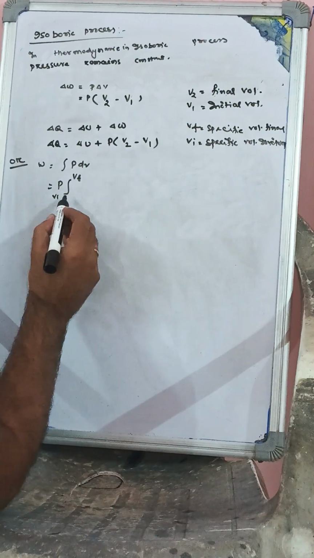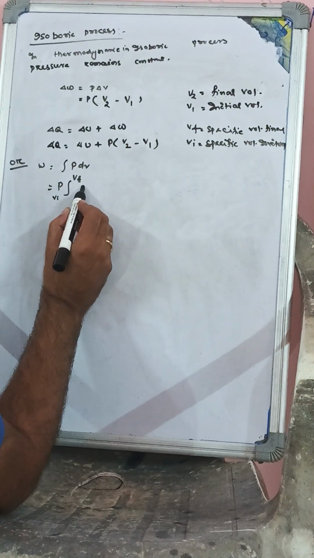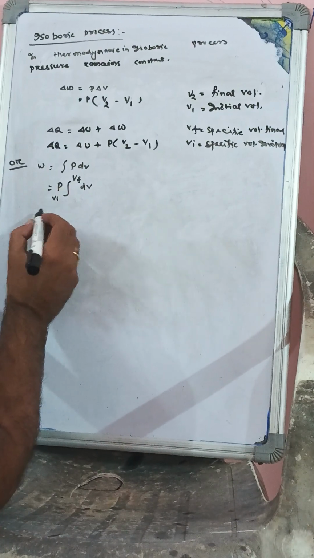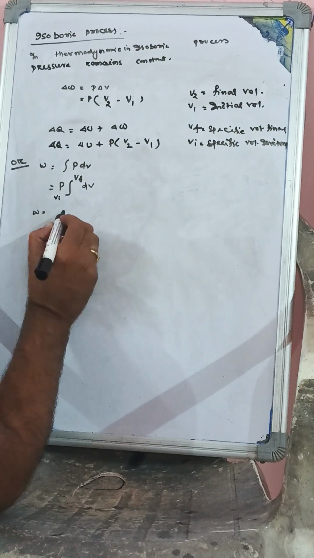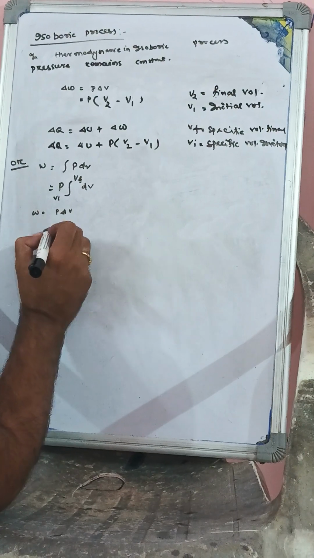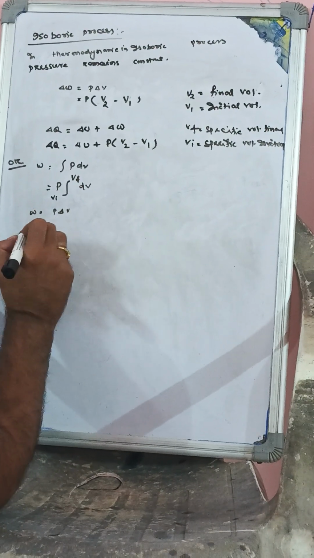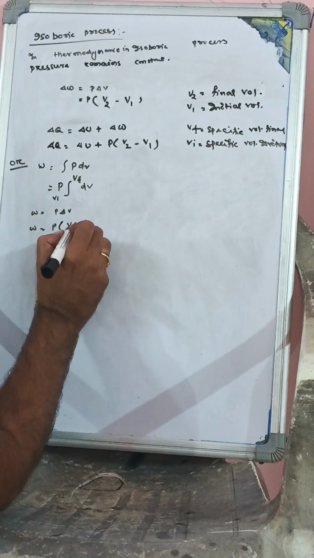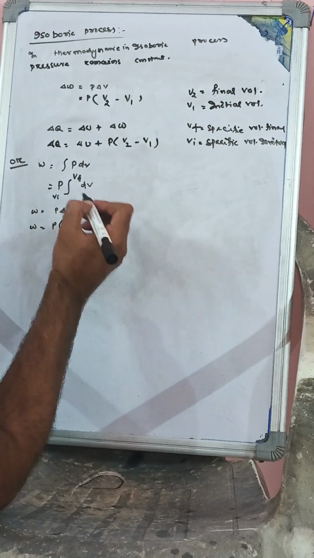Then W is equal to P del V, so W is equal to P into Vf minus Vi.